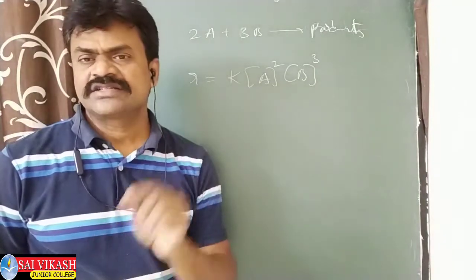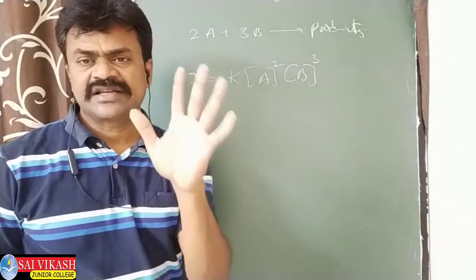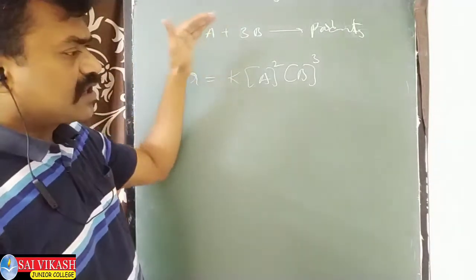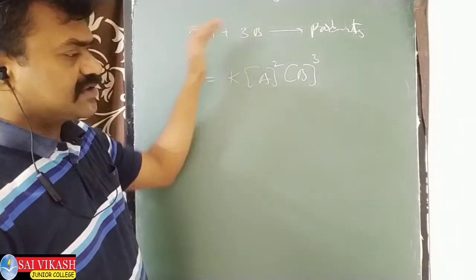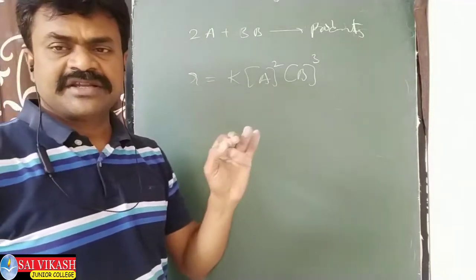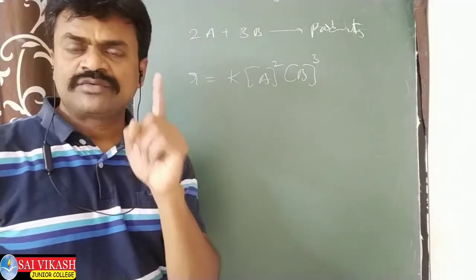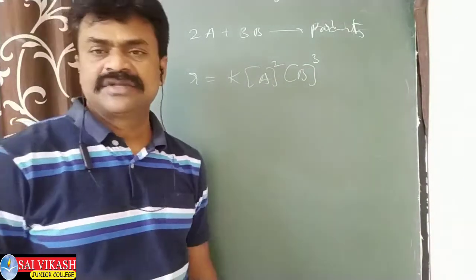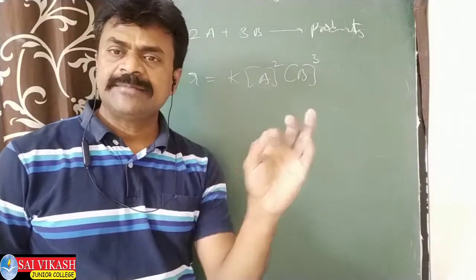Why is it a wrong answer? That's why conditions are there. I'll tell you these conditions now. If the question is given like this, write the order of reaction, you have to check for the rate determination step or rate limiting step.